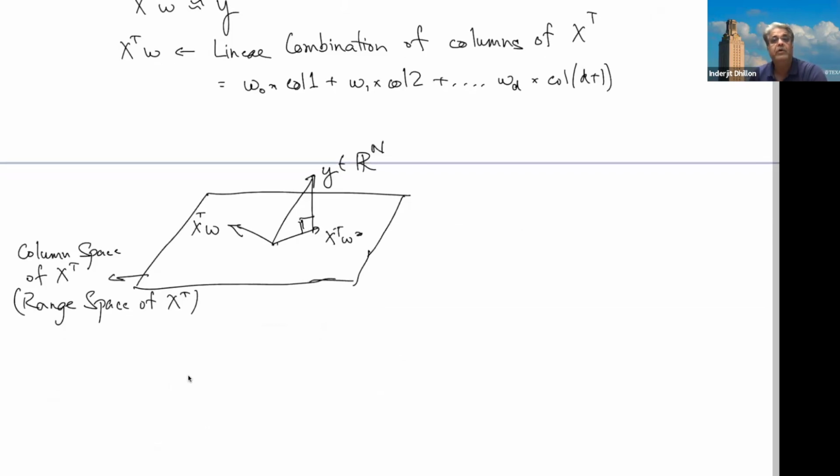So what you can say is that for W star to be the optimal value, I should have the following: X transpose W must be perpendicular to, and remember, what is this vector over here? This vector is Y minus X transpose W star.